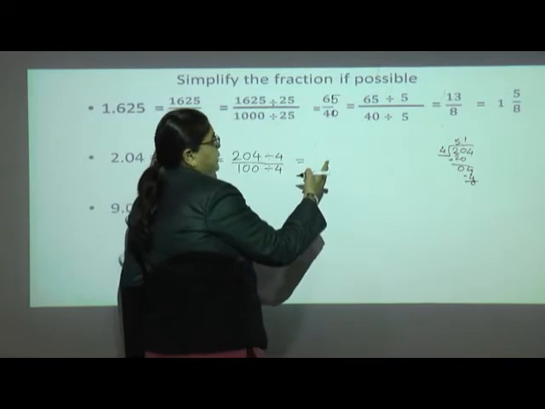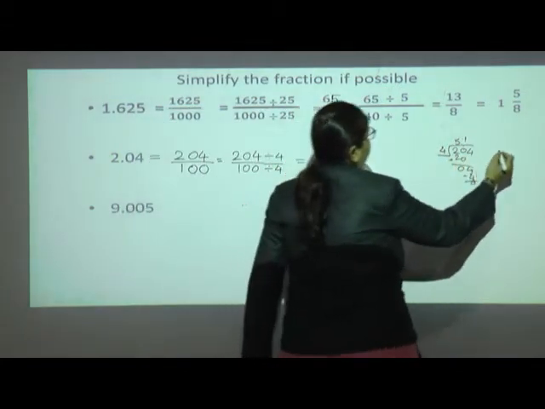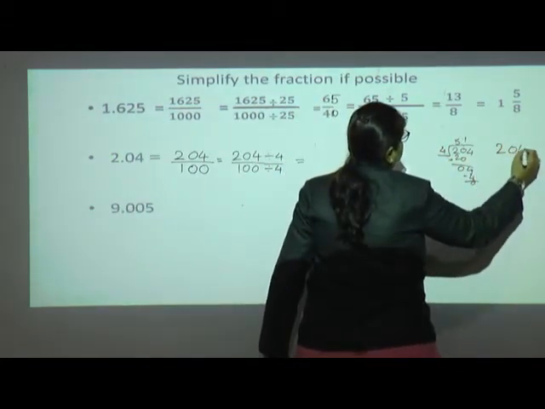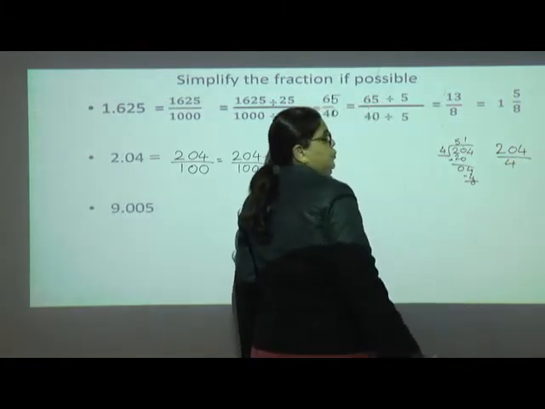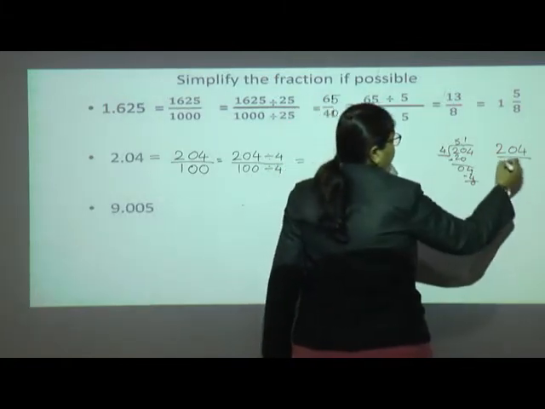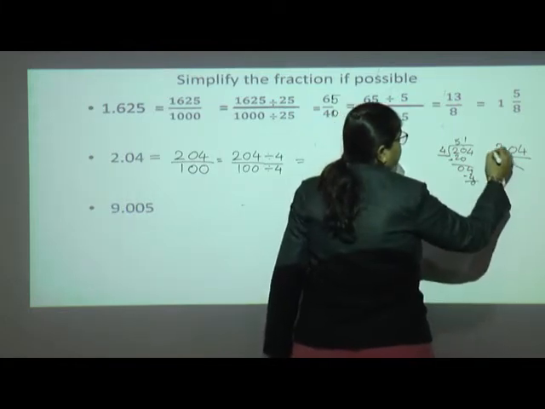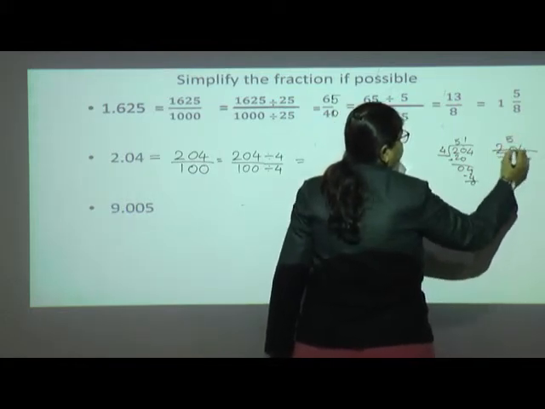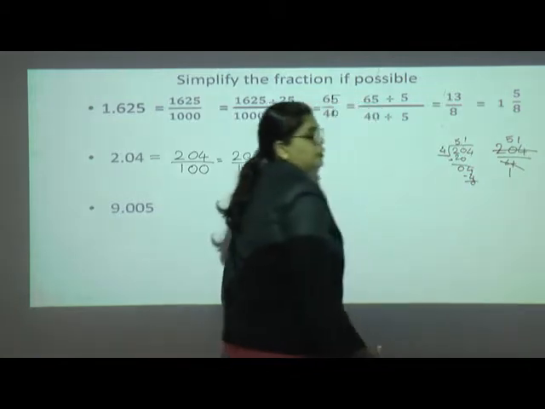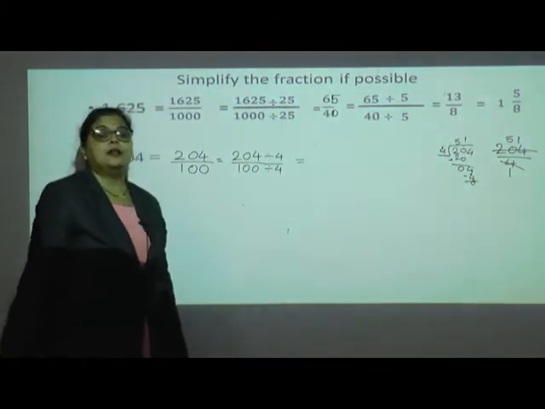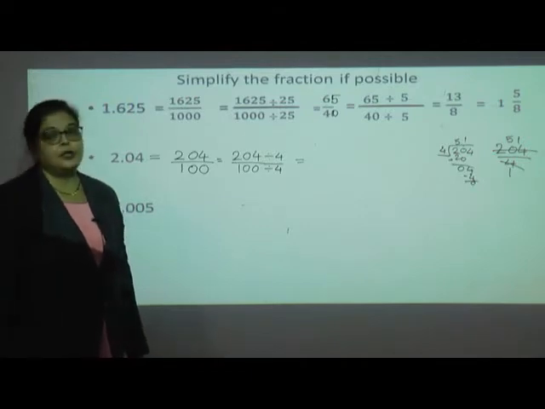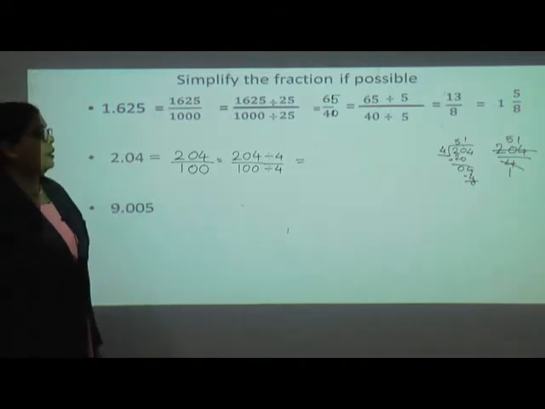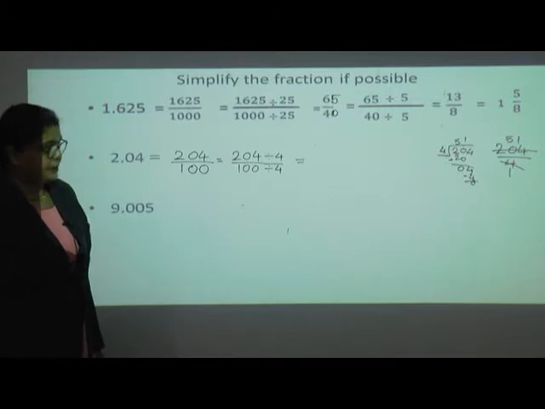Another method: when it is in the form of division, we write in the form of upon, that is, it should be in the denominator. If we reduce, 4 1s are 4, 5s are 20, and 4 1s are 4. Both the answers will be the same. Whichever method you can understand, that method you can apply and find the correct answer.